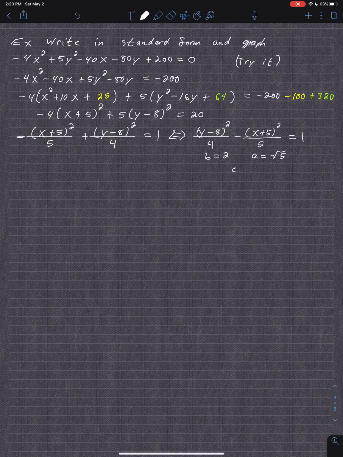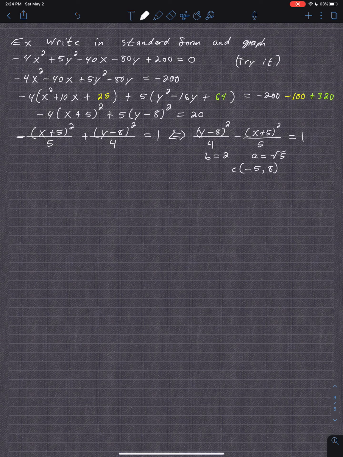Okay, and then what's our center? Our center is negative 5, 8, right? So you still got to go with your x and then your y. So negative 5 makes this 0, and 8 makes this 0. That's all the info we need, unless they ask for focus, but I'm not this time.